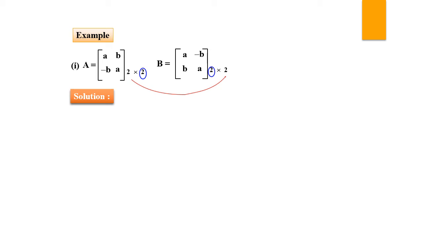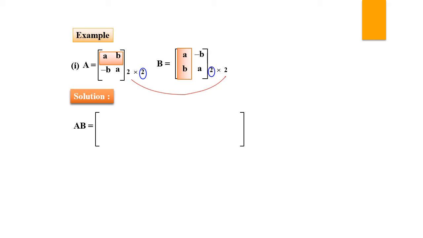And the order of the new matrix will be 2 cross 2. So we'll start with the multiplication process. First we are multiplying the row of matrix A with the first column of matrix B.